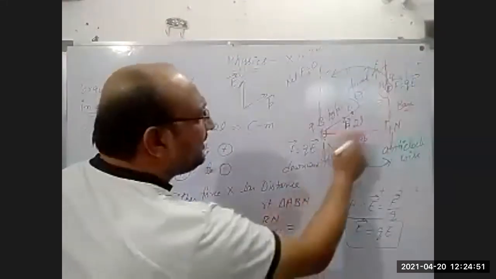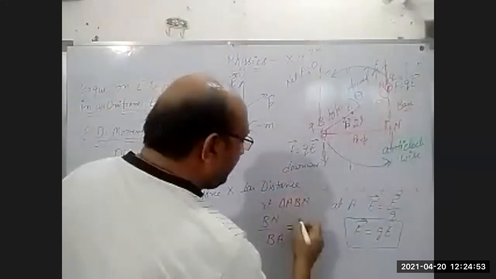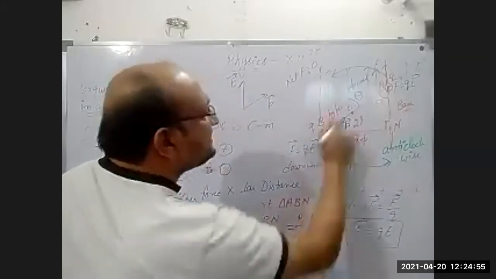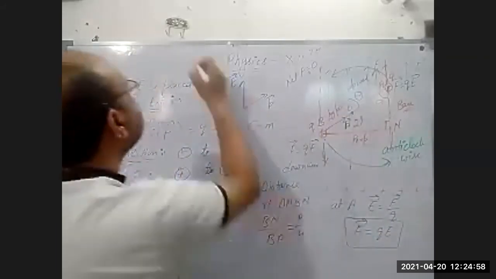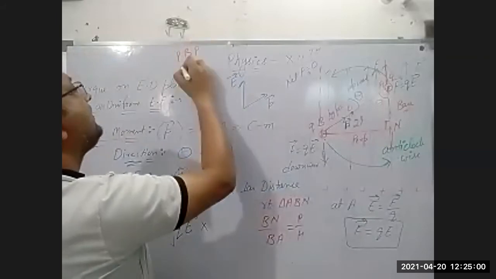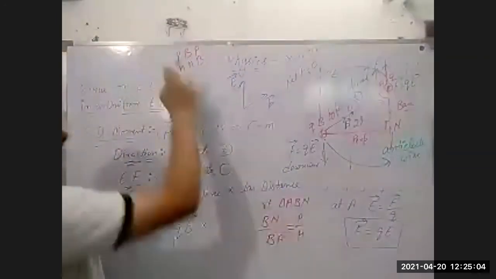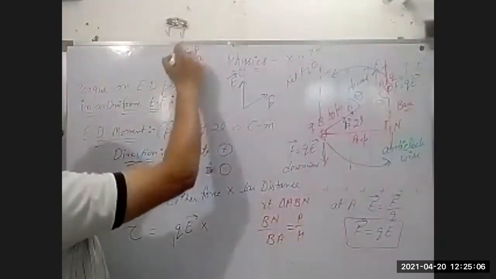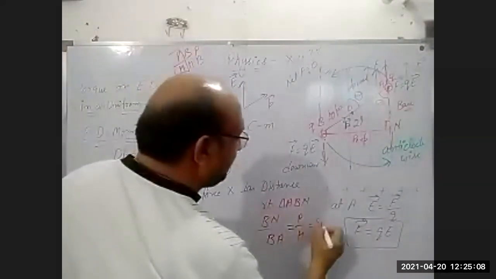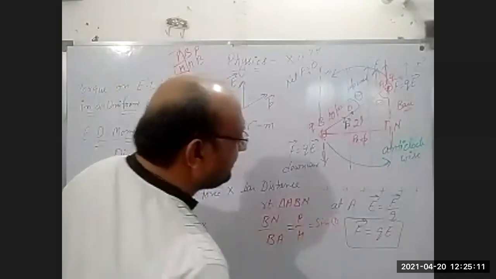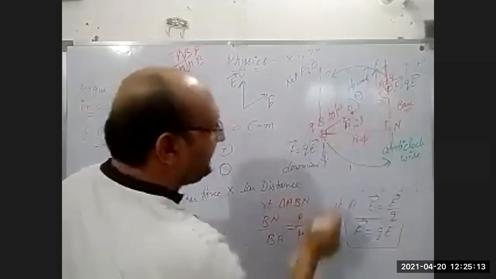What is BN upon BA? BN is the perpendicular and BA is the hypotenuse. You know this property: perpendicular upon hypotenuse, this ratio is sin theta.